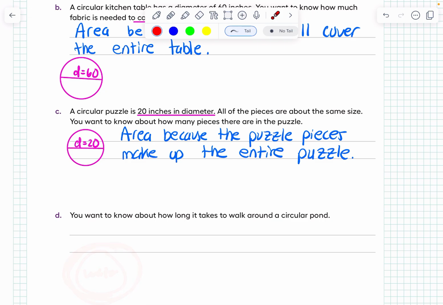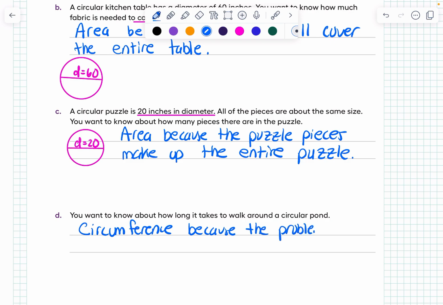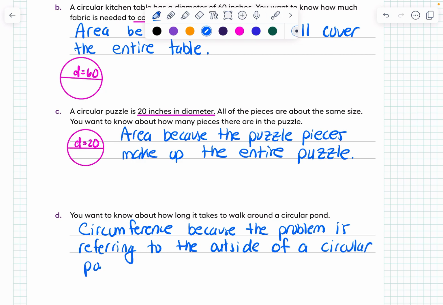So if we're talking about walking around, then we're talking about circumference, because the problem is referring to the outside of a circular pond, which is circumference.